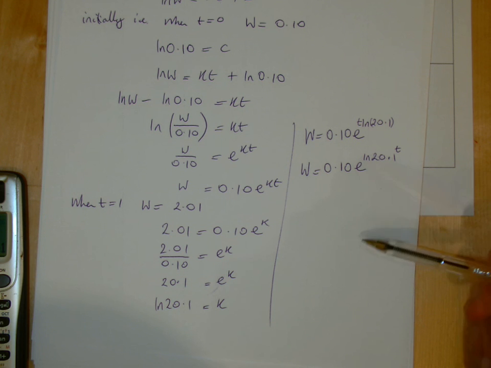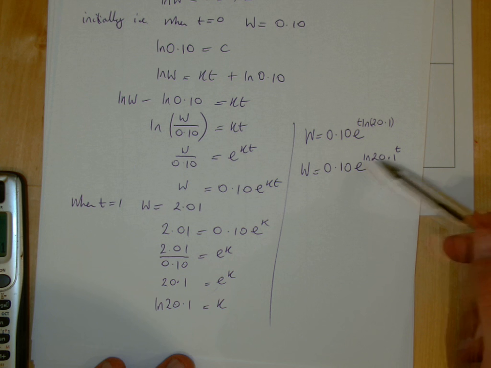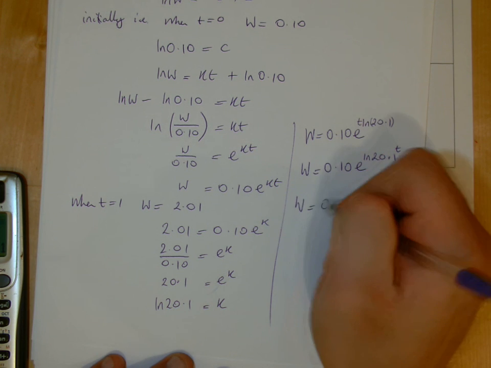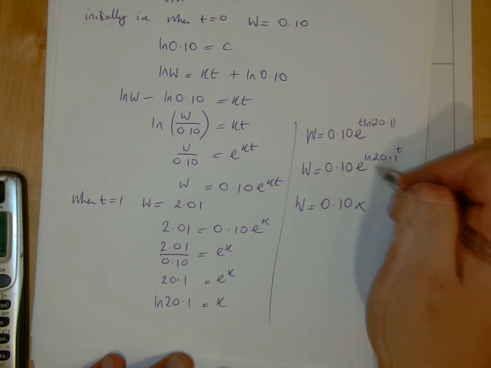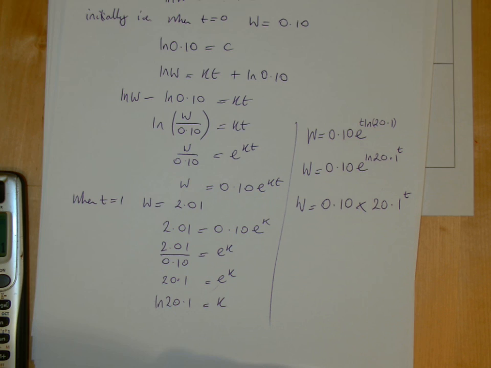Because they're inverse functions, they'll cancel each other out. It's like squaring a square root, or square rooting a square. They'll just cancel each other out. So we'd just be left with 20.1 to the power t. So W will be 0.10 times 20.1 to the power t, and there's our expression for W.